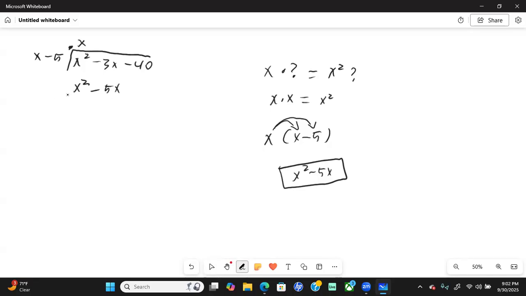Now remember, I have to subtract this. Now, whenever I'm subtracting things, I have to flip all of the signs.